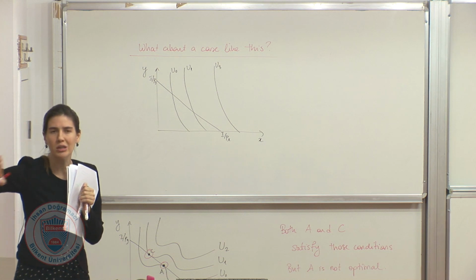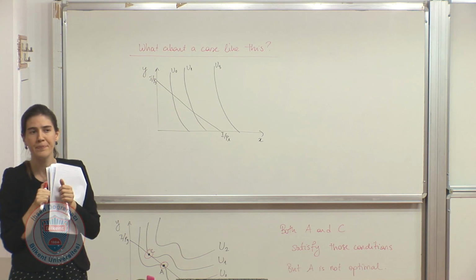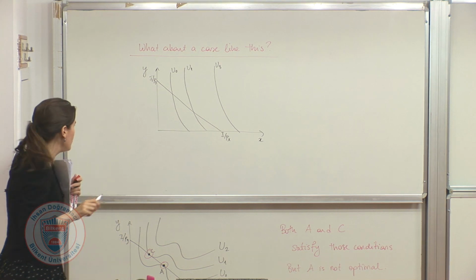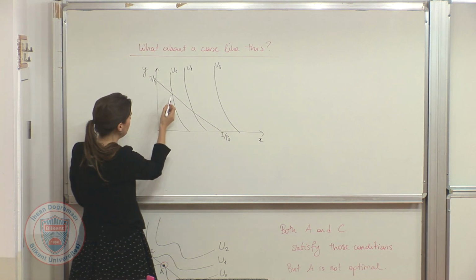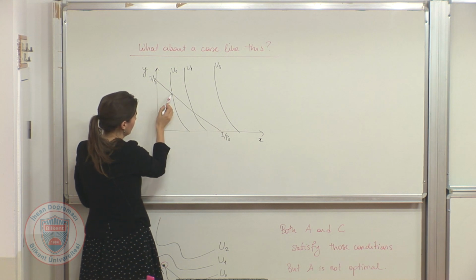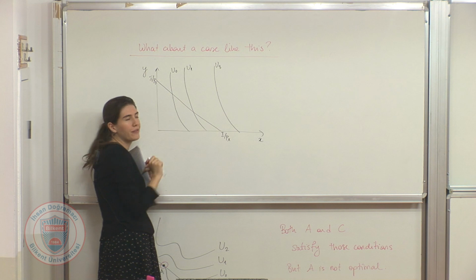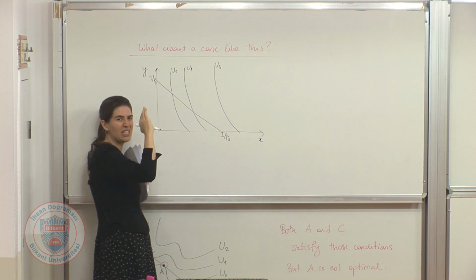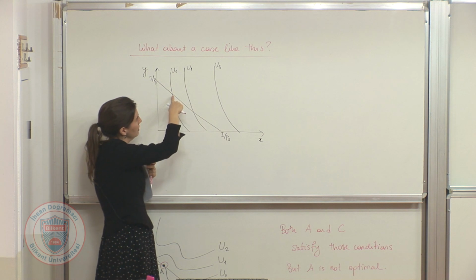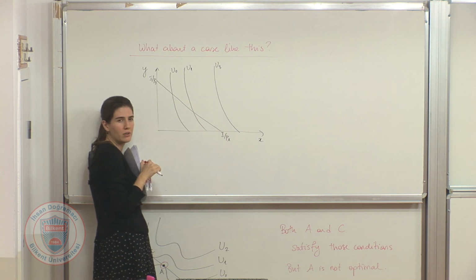Now they are also nice, right? They have this smooth shape, okay? But where do you think would be the optimal point? So what's happening here? Any point on these indifference curves, do you think the slope is ever lower than this or ever equal to the slope of the budget constraint?